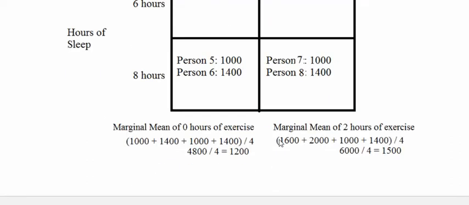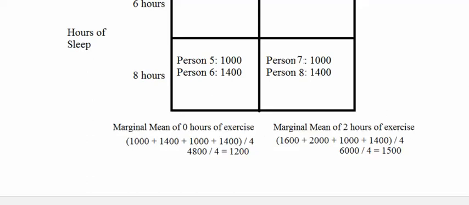Well, in this case, that would come out to 1,200, and it would be a marginal mean. In this case, it would be the marginal mean of 0 hours of exercise, which is really just another way of saying that it's the mean of all of the people who didn't exercise.